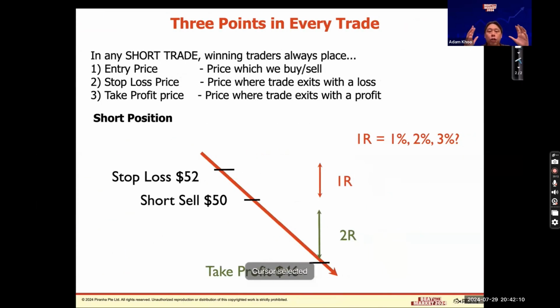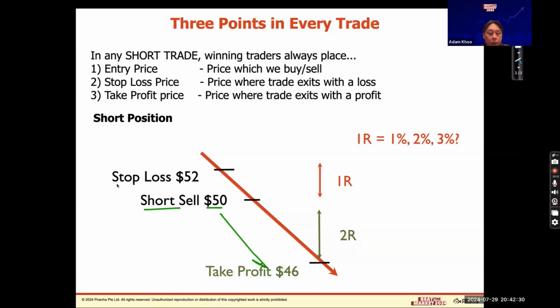Now, if you are going short, so in other words, you identify a stock and you think the price is going down, it's going to keep going down, I want to make money when it goes down, you short sell. So when you short sell, let's say you are short selling a stock at 50 bucks, you're hoping it's going to go down. If it goes up, you lose money, right?